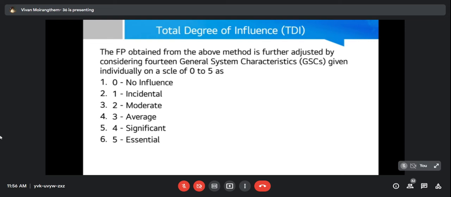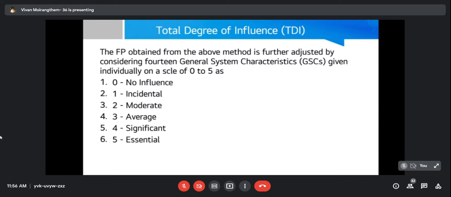This degree of influence is assessed on a scale of 0 to 5, 0 being of no influence to 5 being essential. Now, each of these 14 GSCs will have a value from 0 to 5, and we will add all of these 14 values, and that summed up value is our total degree of influence.